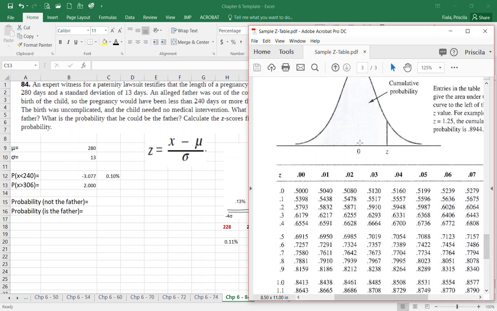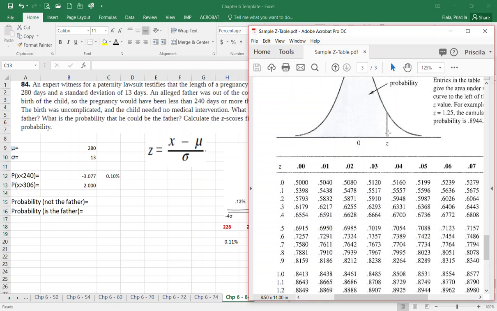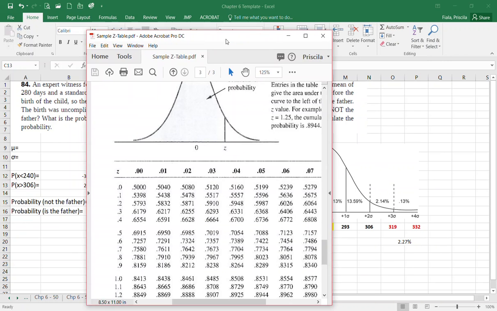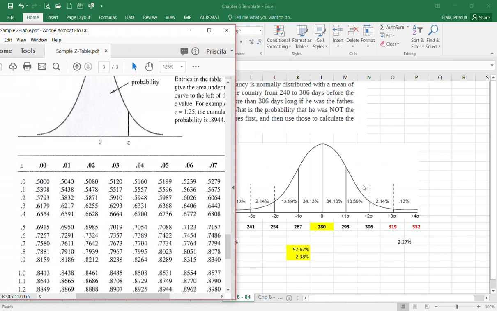However, remember this part here shows you everything from this z value down, correct? So down, not up. So you should find a very high amount because it's going to show everything from these two standard deviations all the way to the end.